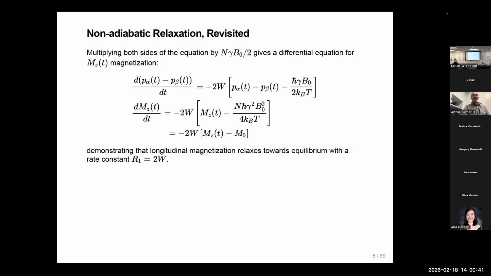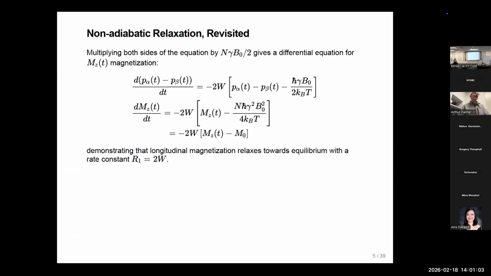And now I'll start to see recovery as a function of time. Can we say that Mz of t is equal to or less than M naught here? Normally, yes, but we have our tricks.